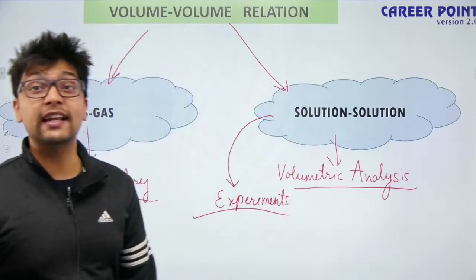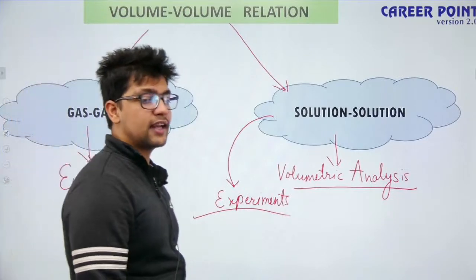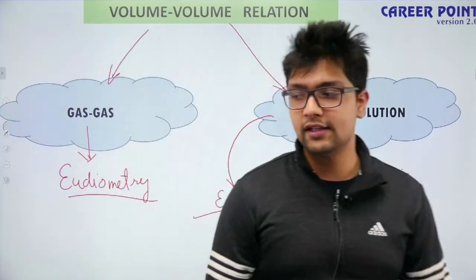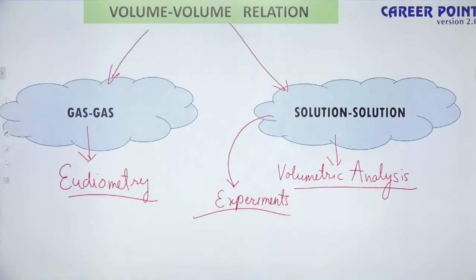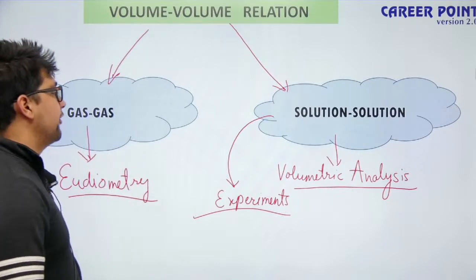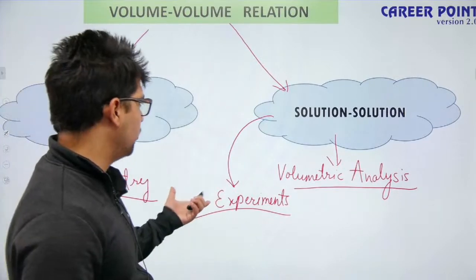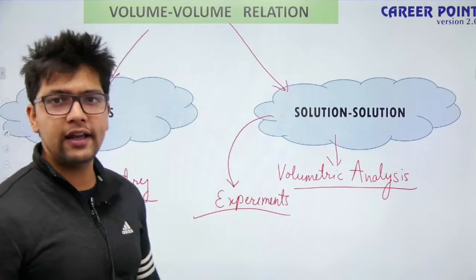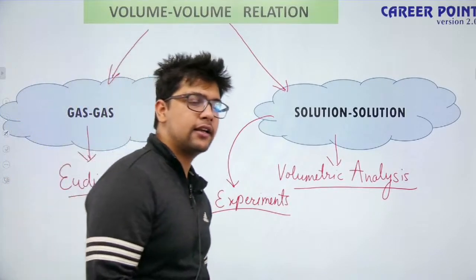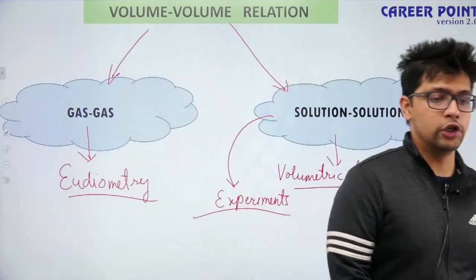They are called titrations. You will learn about these titrations in detail. Any problem till now? Okay, first let's study the solution-solution relationship. Let's start with volumetric analysis first, complete it, and then we will proceed to eudiometry.